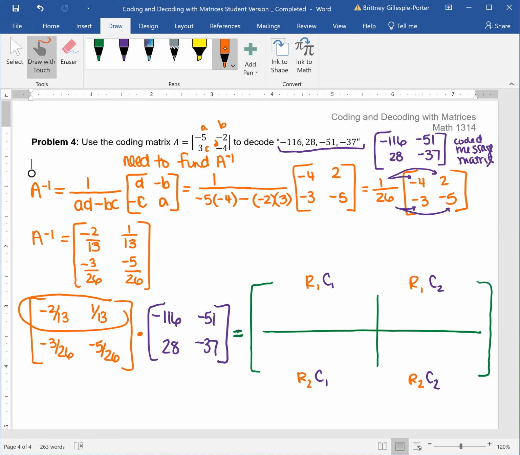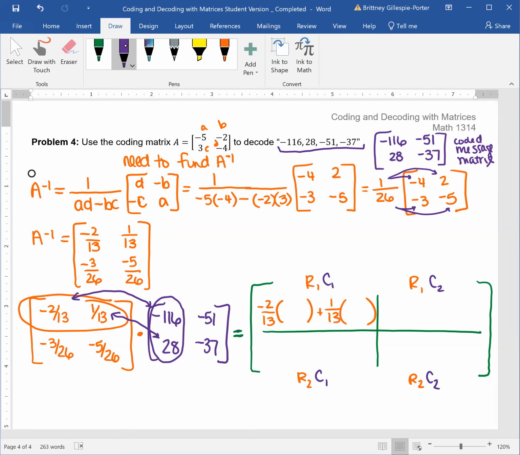So row 1 gets us -2 over 13 times something plus 1 over 13 times something. But remember, the something comes from column 1 of our purple matrix, multiplying the first 2 and the second 2 together.